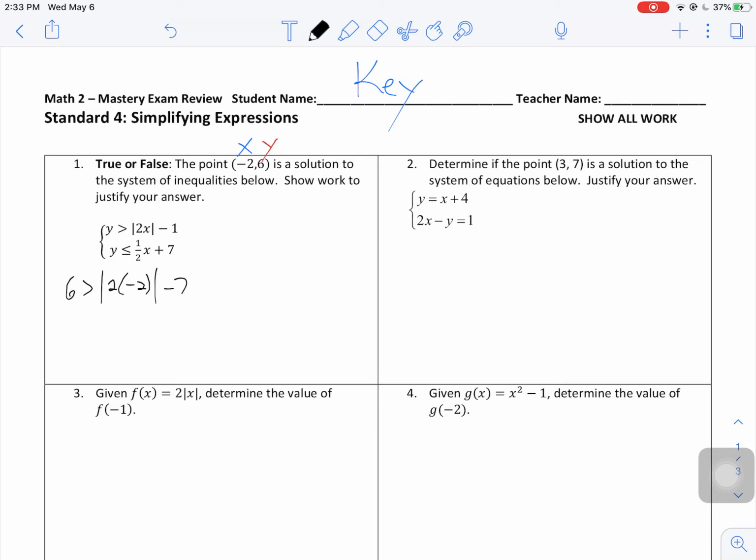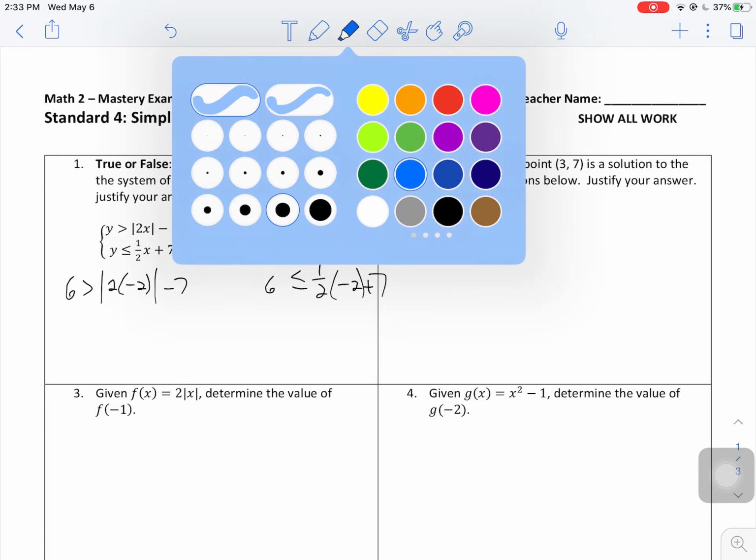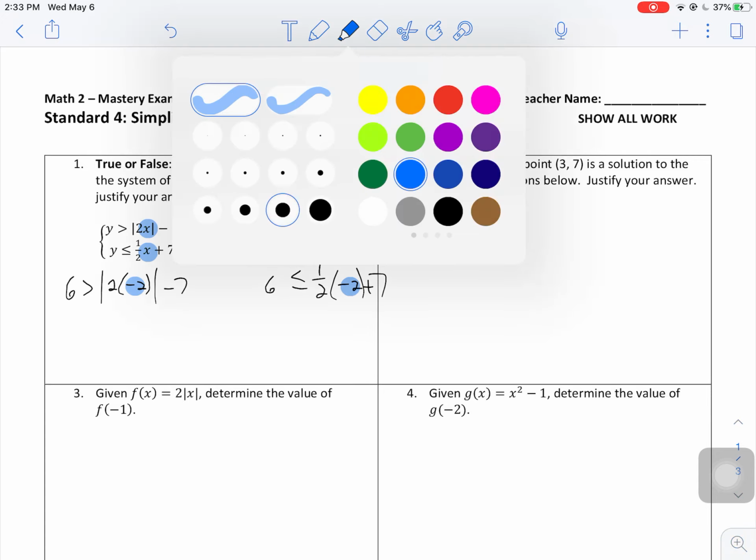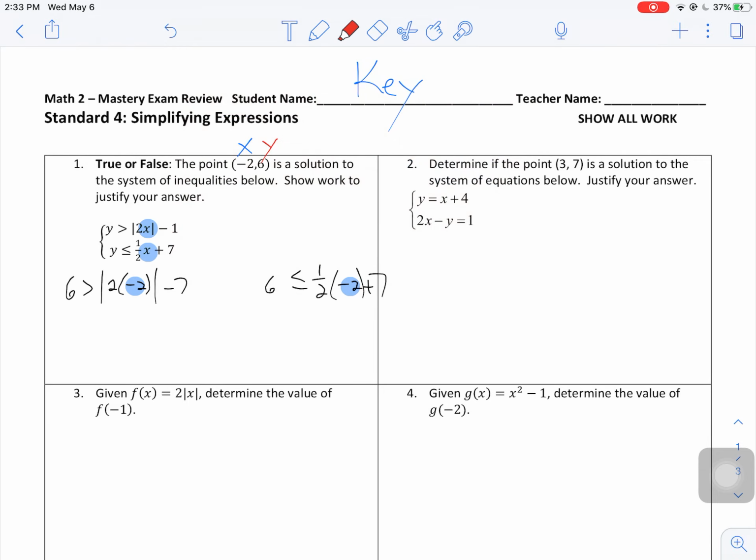And then the other inequality will be 6 is less than or equal to 1/2 times -2 plus 7. And again, a reminder, the x was -2, so I put a -2 in parentheses wherever there was an x, and the y was a 6, so I put a 6 in for y.